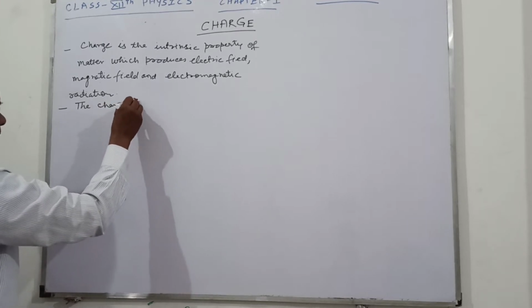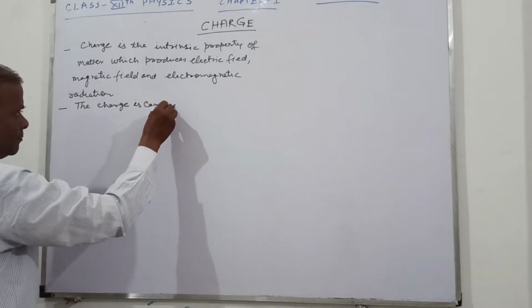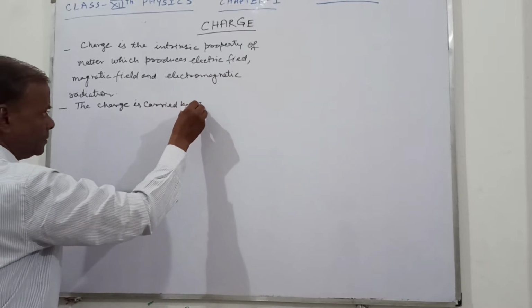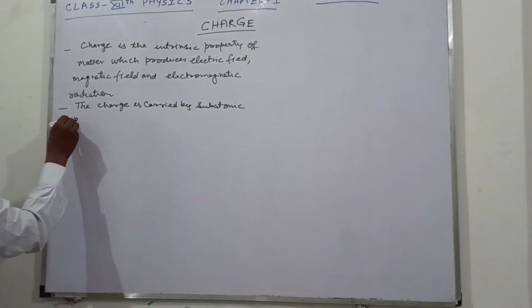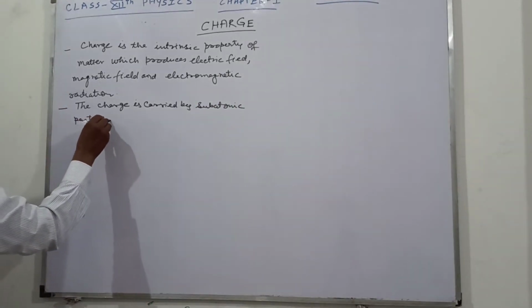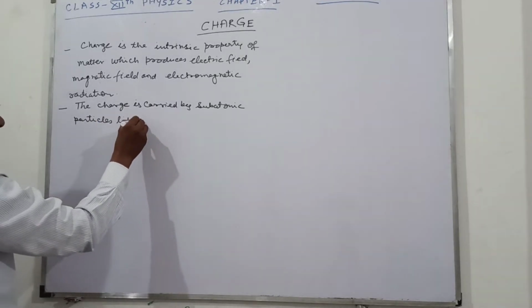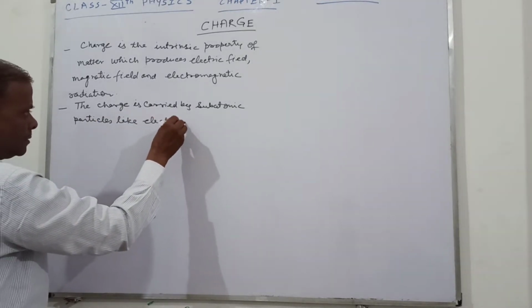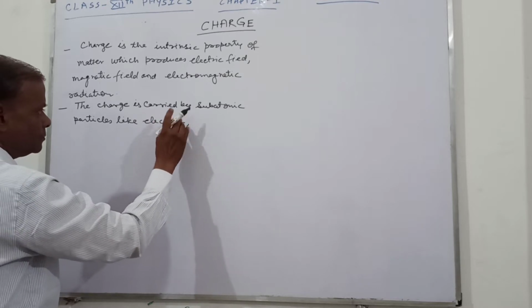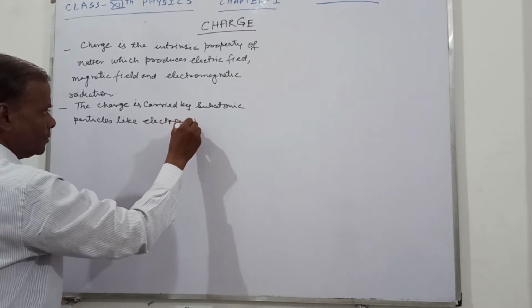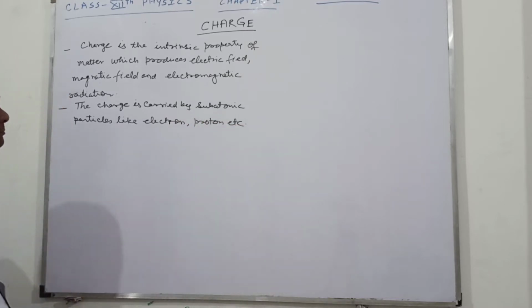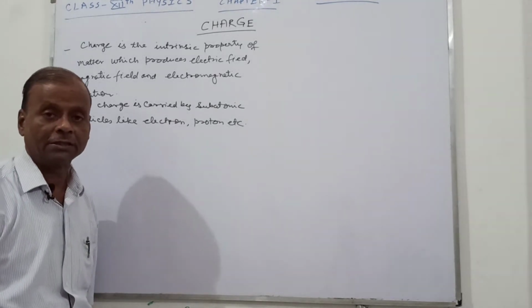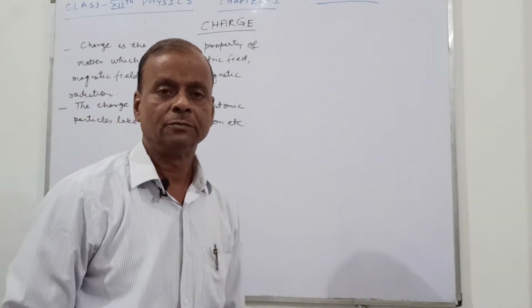The charge is carried by subatomic particles like electron, proton, etc. So electron and proton are the fundamental particles of the atom.